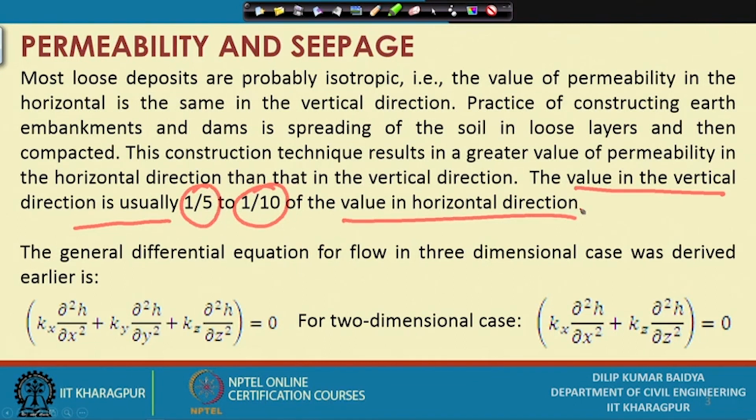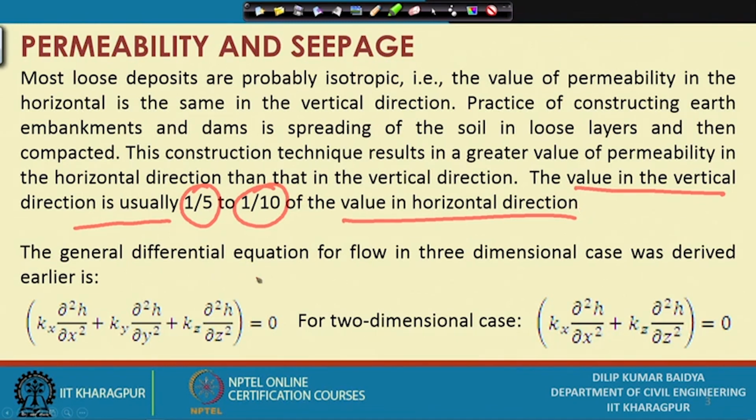So the horizontal direction is always higher than the vertical. So the permeability is not the same, k x and k y are not the same.